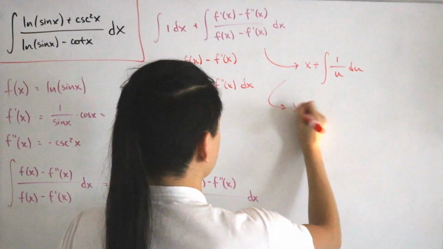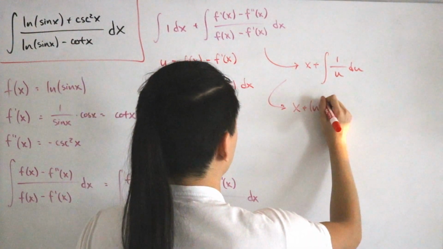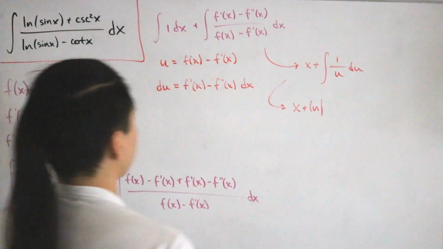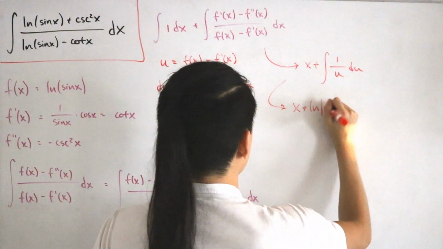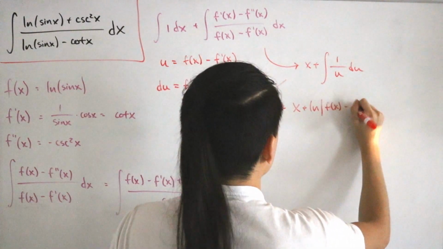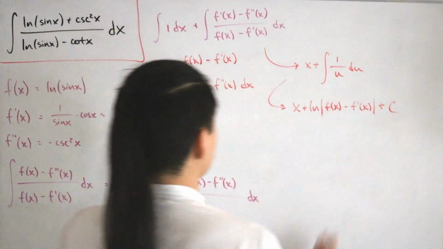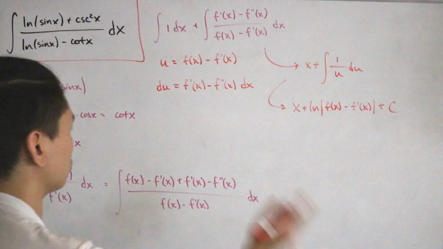So I have x, and then add the natural log of the absolute value of, substituting the u back in, f of x minus f prime of x, and then add c. Then afterwards we just substitute everything back in.